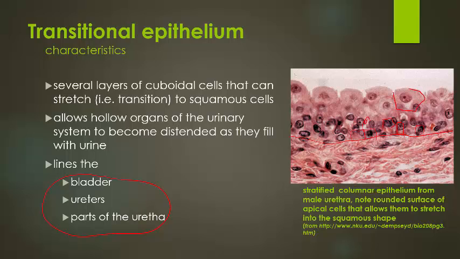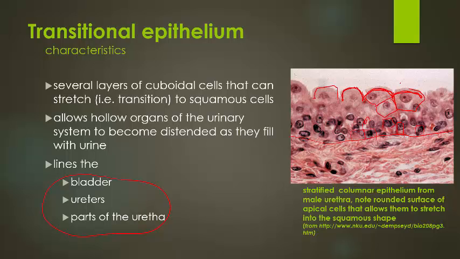Notice the very unique shape of this epithelium. Notice how the cells appear to be disconnected from each other. They make kind of these little domes when the bladder is empty and the tissue is relaxed.